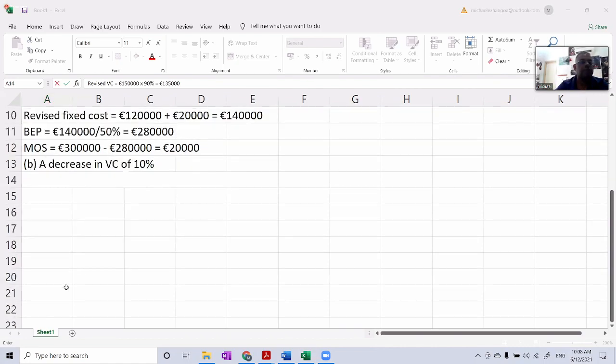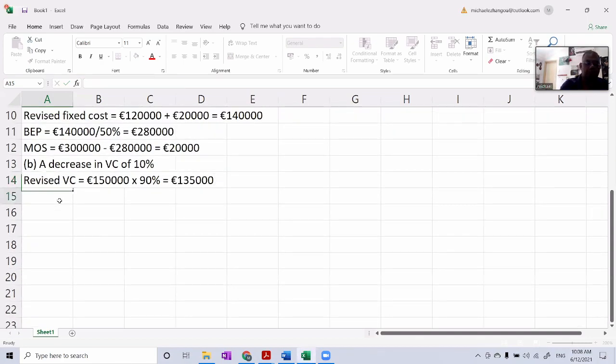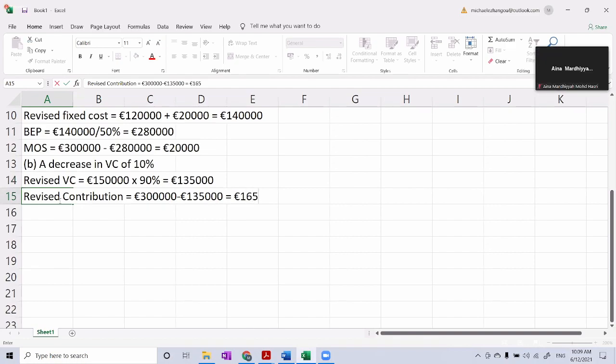Right, and revised contribution, let's do the contribution first. Sales is 300,000 minus 135,000. That is 165,000, the revised contribution.